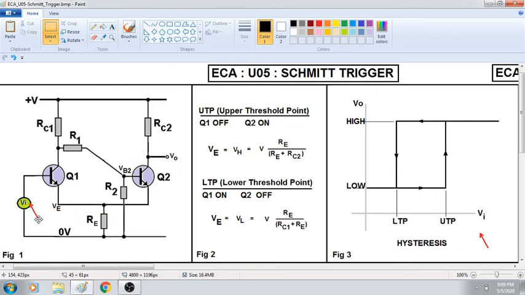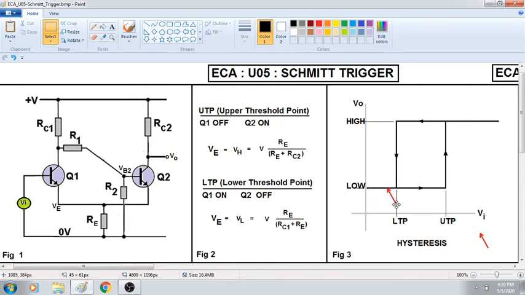So whenever the input voltage is crossing VE, the upper threshold point, because base is more than emitter, Q1 will be going into saturation. When Q1 goes into saturation, this collector voltage will go to VE, and this in turn will drive the transistor Q2 into cutoff. Whenever Q1 is on, Q2 will be driven into cutoff. So output will go high.